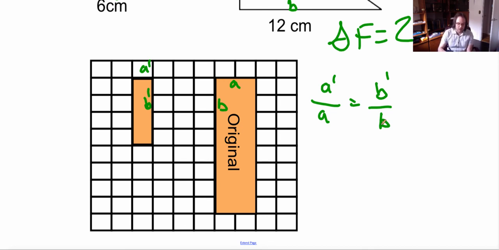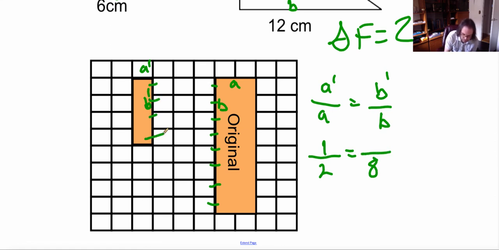Now, we have here A prime is equal to 1. So my new is equal to 1, and we have 2 for my original. Let's take a look at my B. We have 1, 2, 3, 4, 5, 6, 7, 8. So we have 8. And here we're going to have 1, 2, 3, 4. 4.